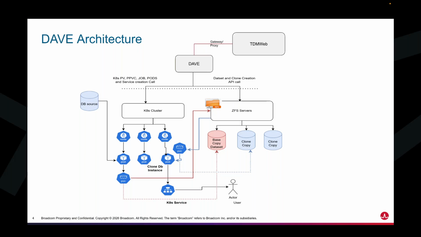Then we have the JFS server where we are hosting the base image copy. Base image copy is just a copy of the production copy. Currently we are supporting Kubernetes cluster and Swarm setup. If we have OpenShift, then it's also covered using the Kubernetes cluster.